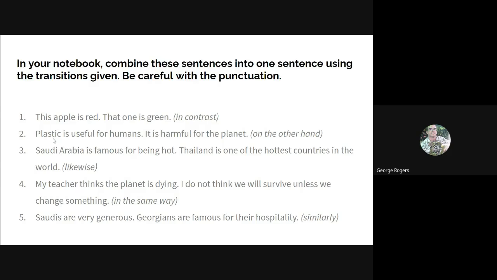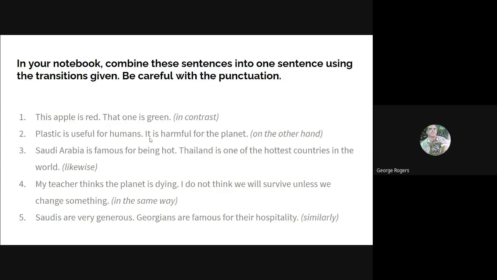Number 2: Plastic is useful for humans. It is harmful for the planet. Plastic is useful for humans. It's in so many things, no question about that. I've got a lot of plastic with even my mouse that I'm using right now, and in my computer, plastic in my pen that I wrote with just a few minutes ago.